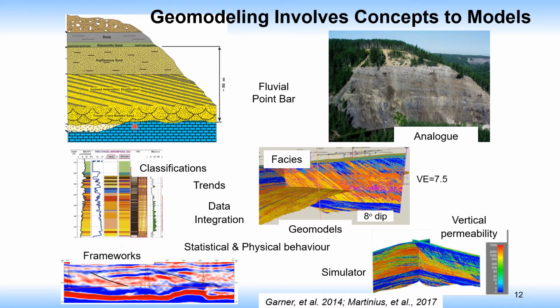That drives how we interpret and classify facies, which are the important facies. We want to improve those facies through multivariate methods. We have seismic frameworks and attributes. We build our facies models, and we're after the statistical and physical behavior of our parameters and our reservoirs. So we're after parameters to get at the flow simulator.